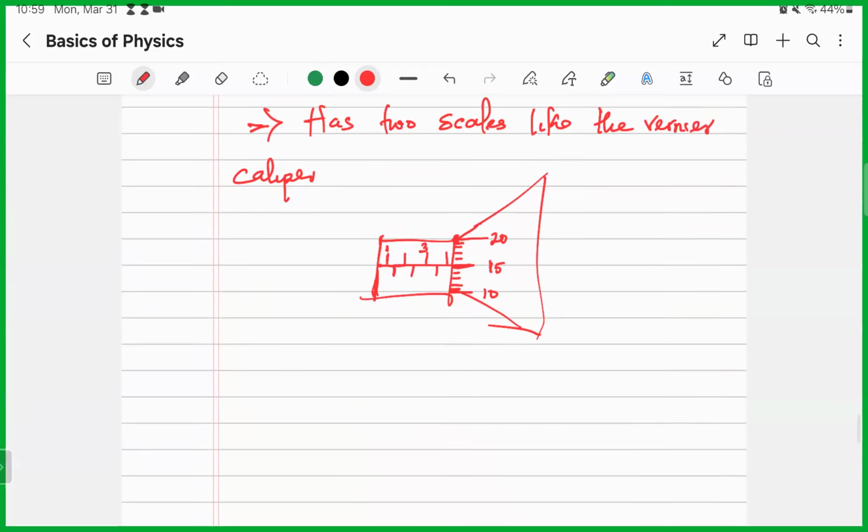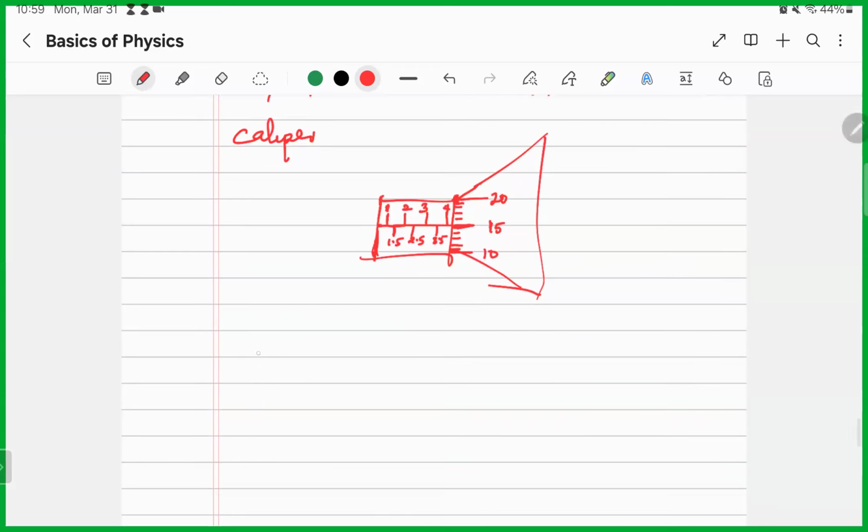So it tells us that this particular guy is scaled such that you have 1, 1.5, 2, 2.5, 3, 3.5, 4. You see that? That's how the micrometer screw gauge works. And the last reading, that's the main scale. I will read that as 4.000 centimeter.